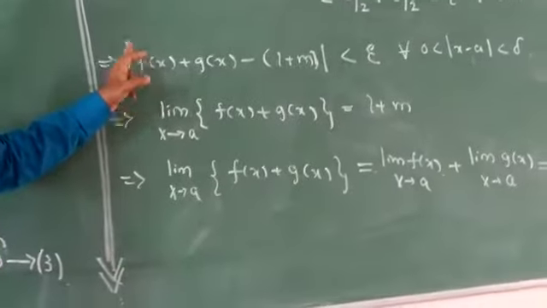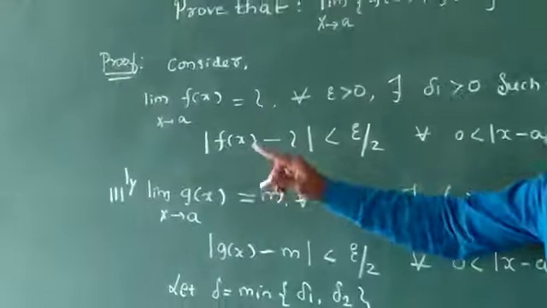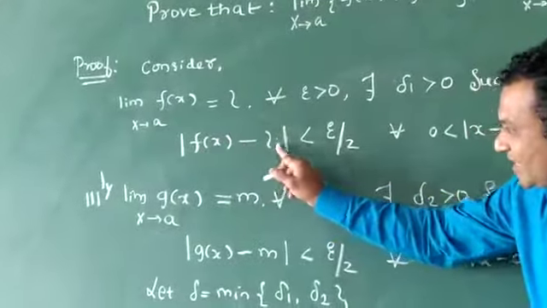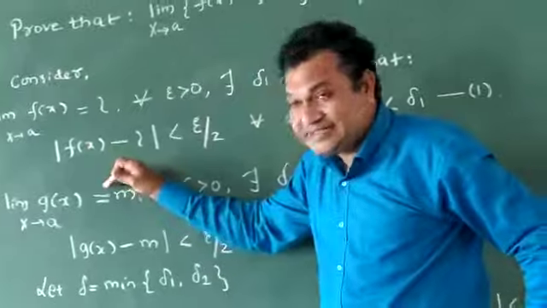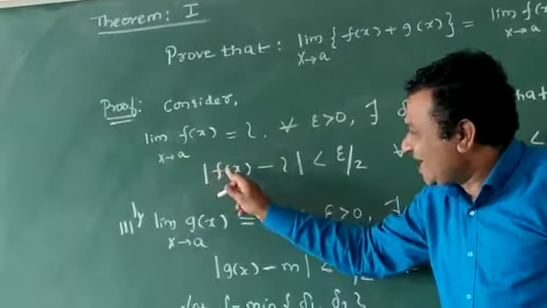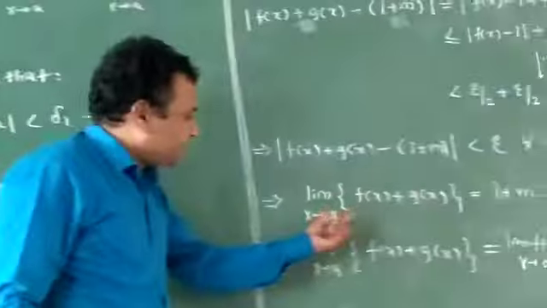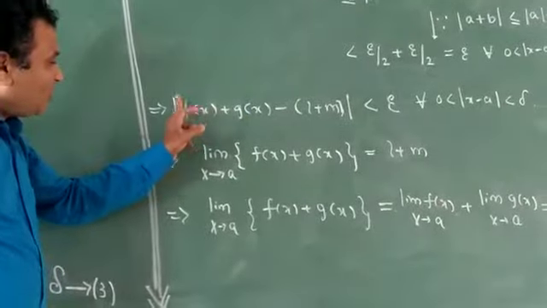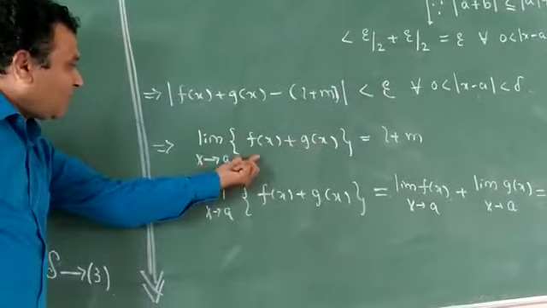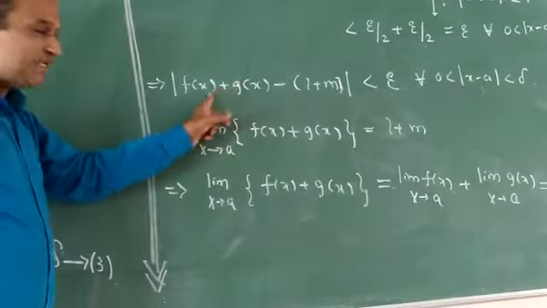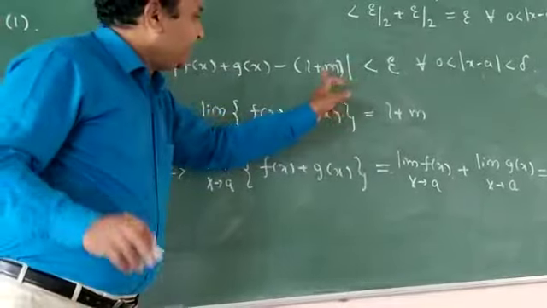Here it is of the form modulus of f of x minus L is less than epsilon. According to the definition of the limit, this can be written as the limit of f of x as x tends to a equals L. In the similar way, modulus of f of x plus g of x minus L plus m less than epsilon can be written as the limit of f of x plus g of x as x tends to a equals L plus m.